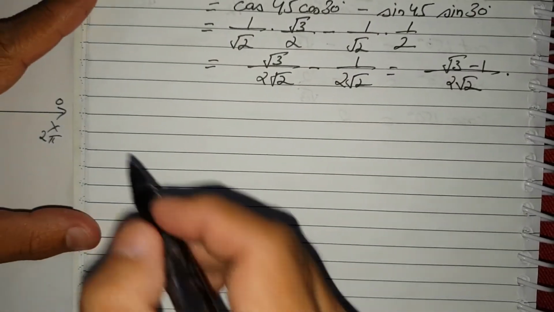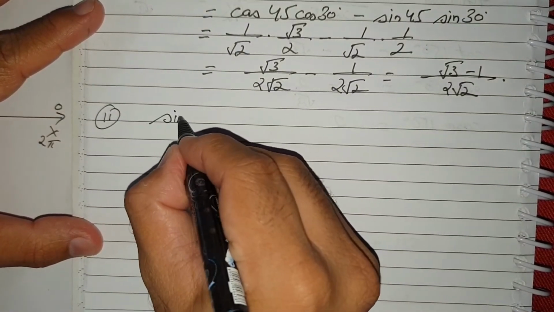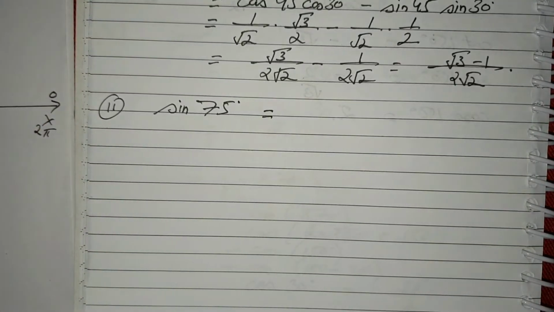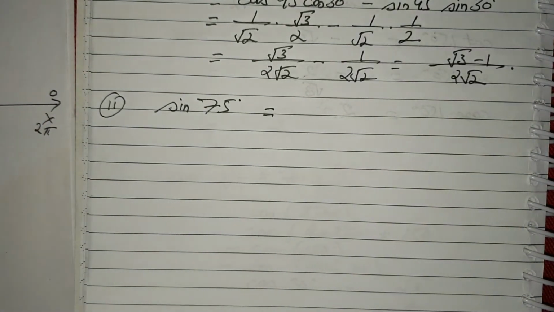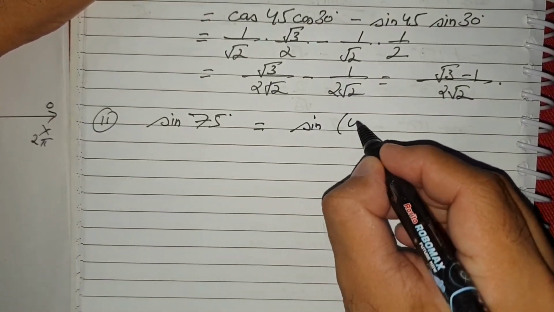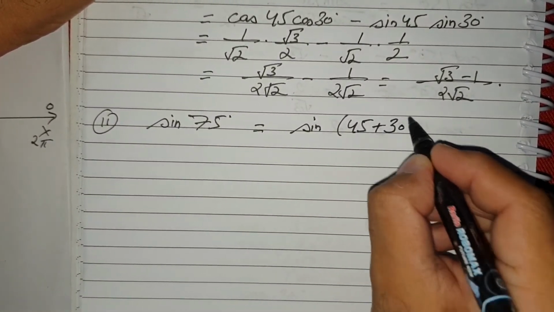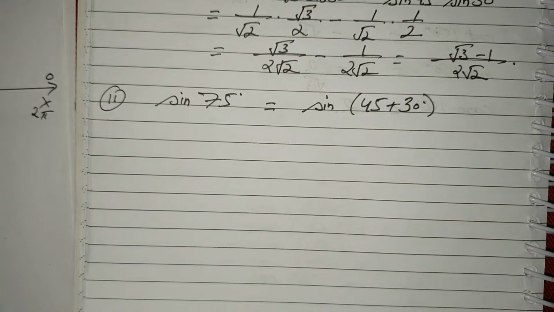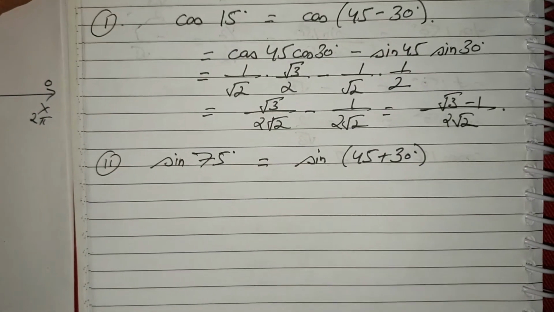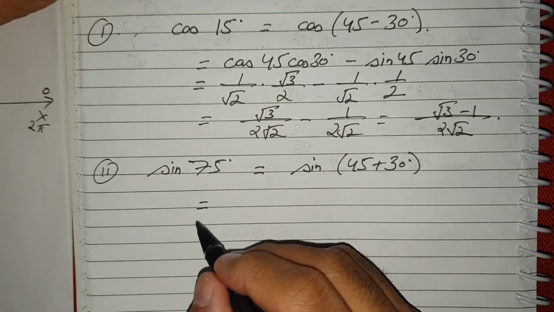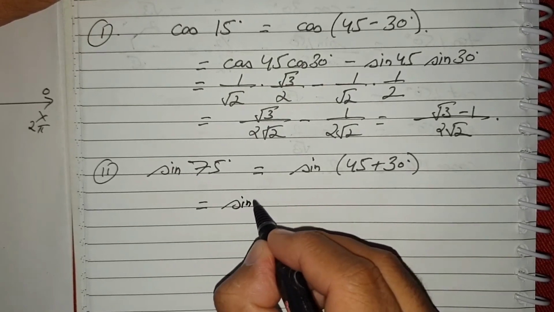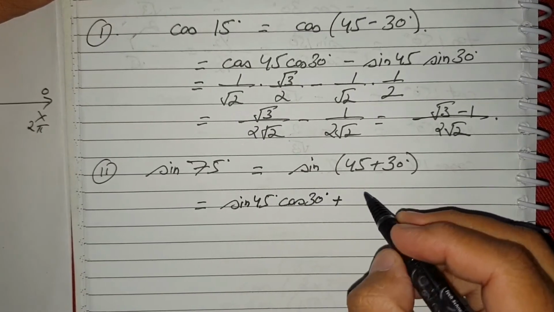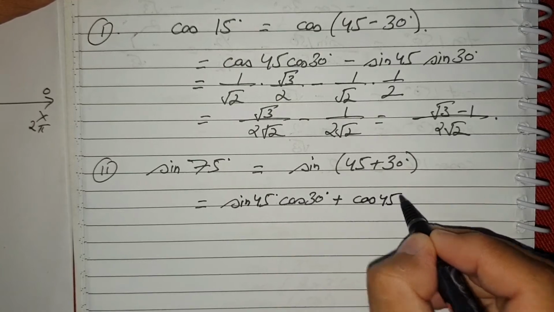Now sine 75 degree. You can write 75 as 45 plus 30, so write sine 45 plus 30. Now sine A plus B is sine A cos B plus cos A sine B. So sine 75 is sine 45 cos 30 plus cos 45 sine 30.